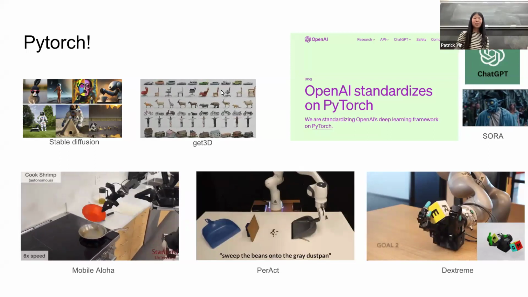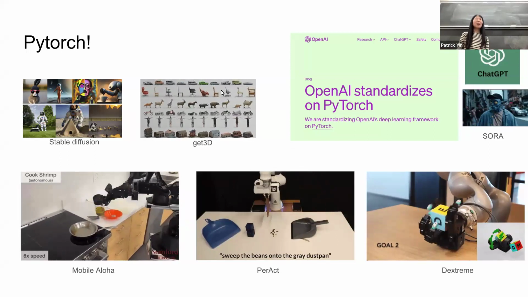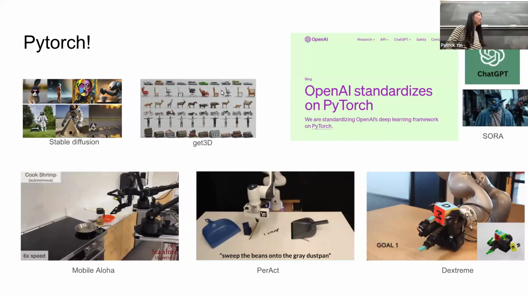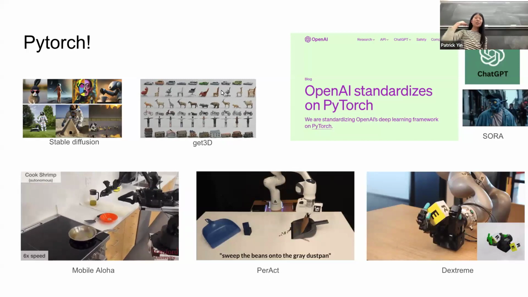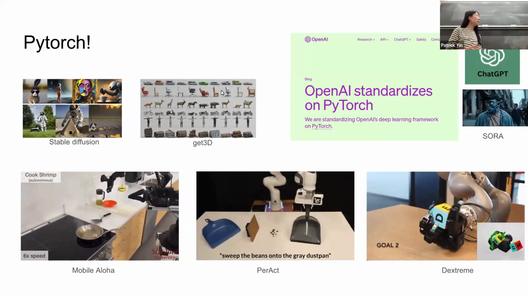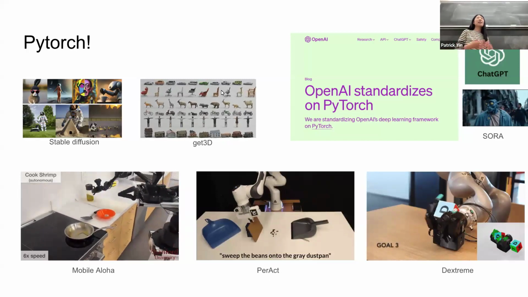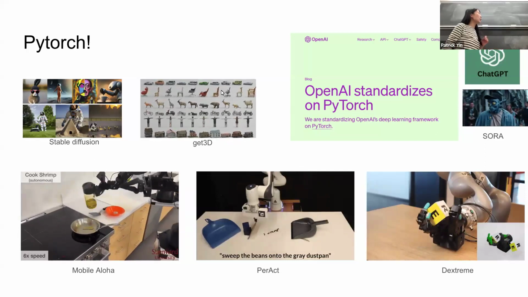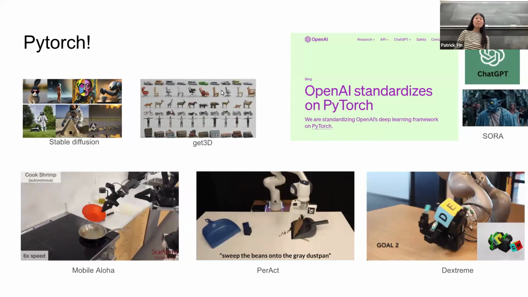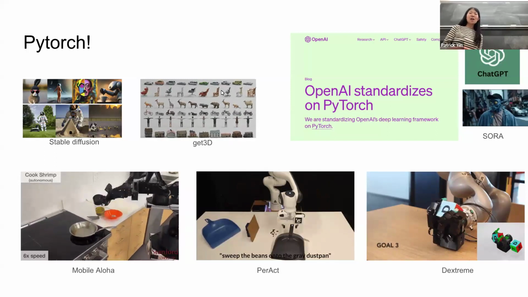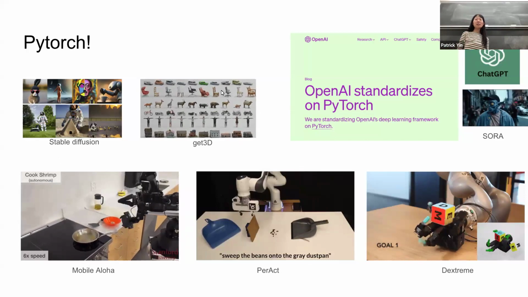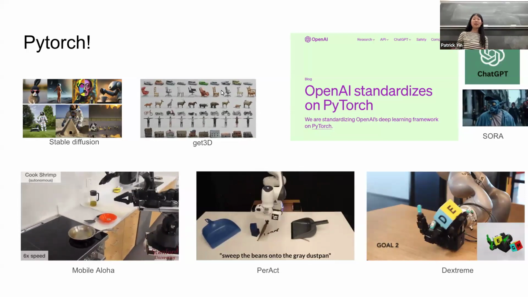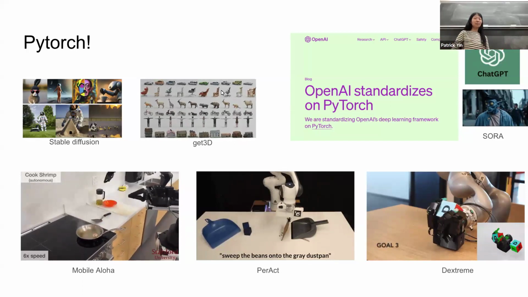And also PerAct, a work from our own PhD student at UW, Mohit, who graduated last year, teaches a robot using a transformer-based network conditioned on language. Another example is DexTrime from NVIDIA about a year ago. They try to teach a multi-fingered dexterous manipulator, in this case a LEAP hand, to do in-hand reorientation given an image goal condition.